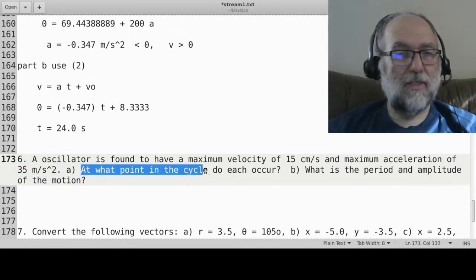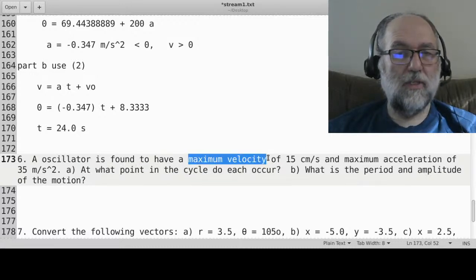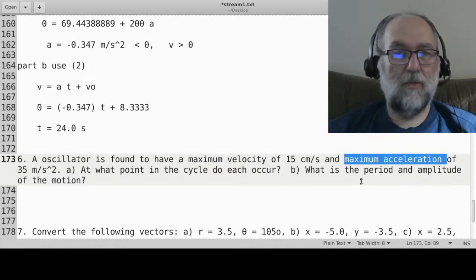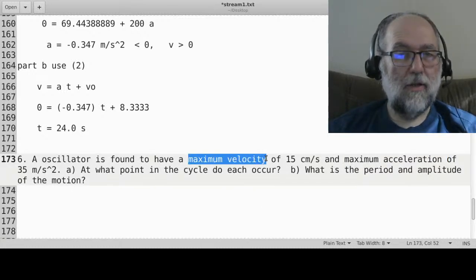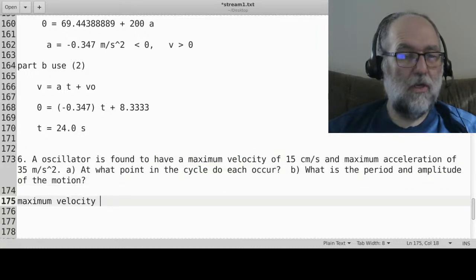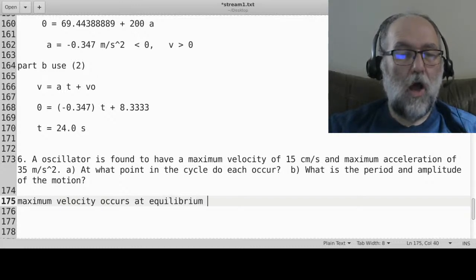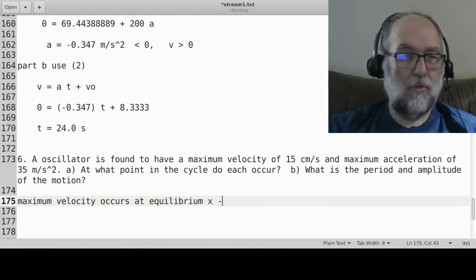And the first question is, at what point in the cycle do each occur? In other words, at what point in the cycle does maximum velocity occur, and at what point does maximum acceleration occur? And the answer is, maximum velocity occurs at equilibrium. Also, what we've been calling x equals 0.